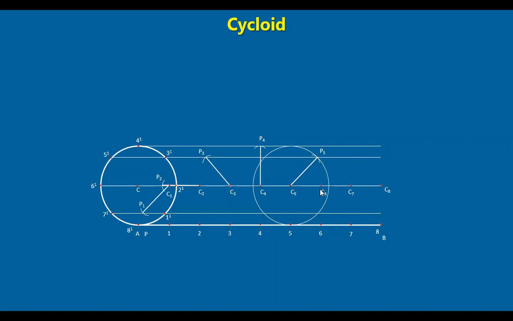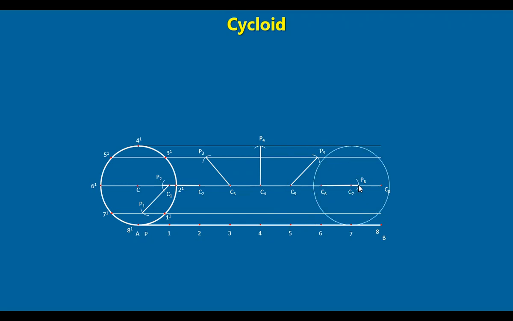Similarly, next, with C6 as center, draw the 6th line here and an arc through the 6th point. So draw an arc here and get the point P6. Still moves further, with C7 as center.